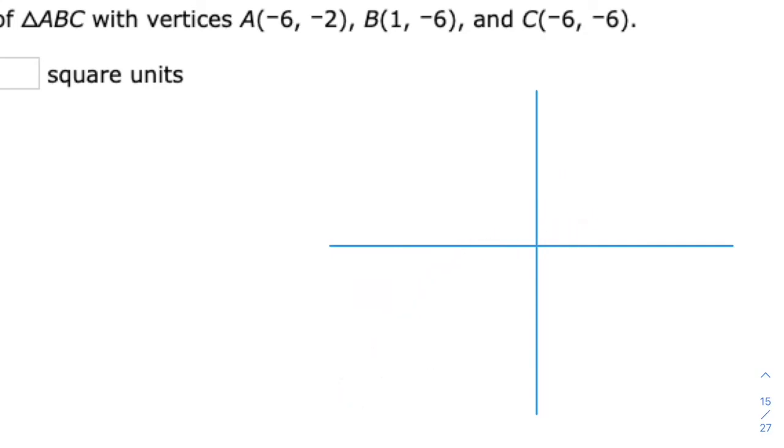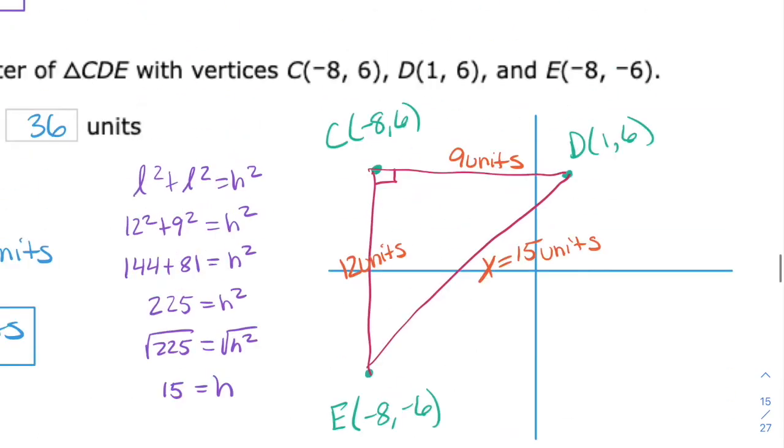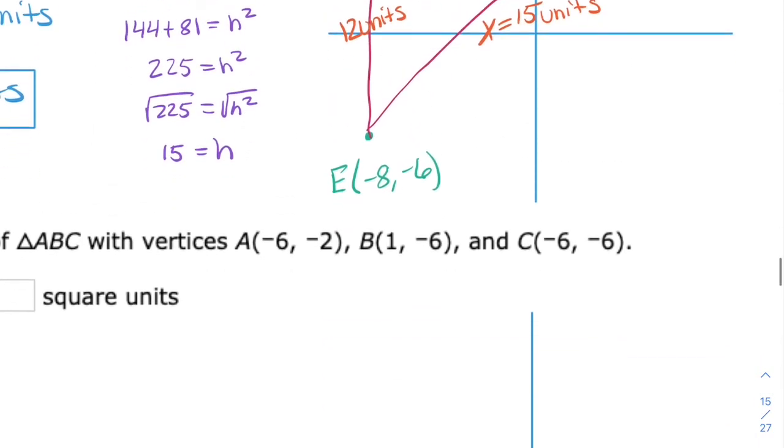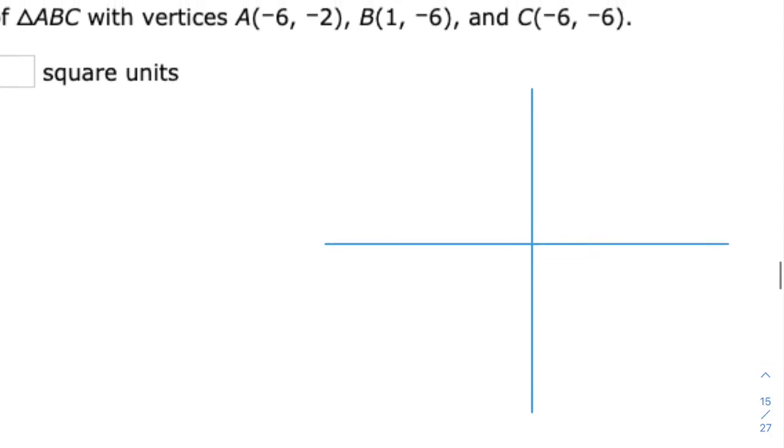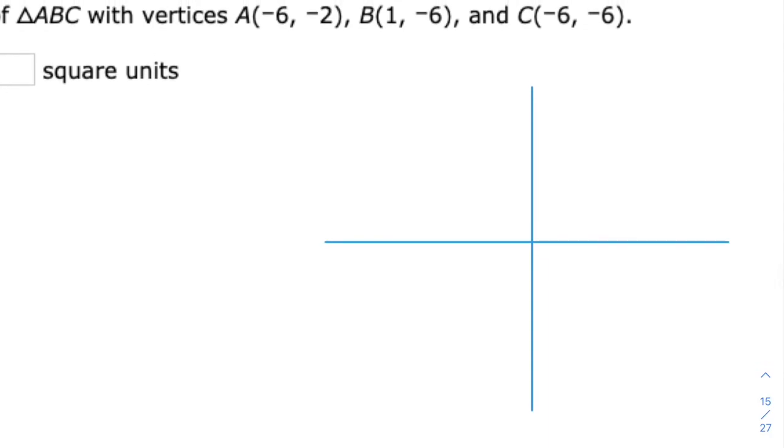Okay. So now I have this triangle. So I'm going to use, what did I use? Green? Okay. So we're going to go to -6, -2, which is about right there. You know what? Maybe it's a little bit further down. There we go. -6, -2. And then we have 1, -6.